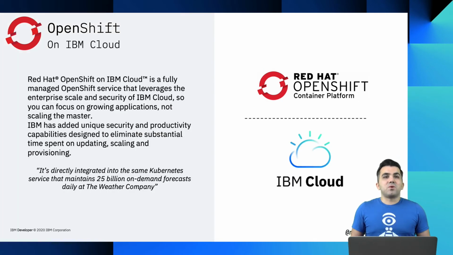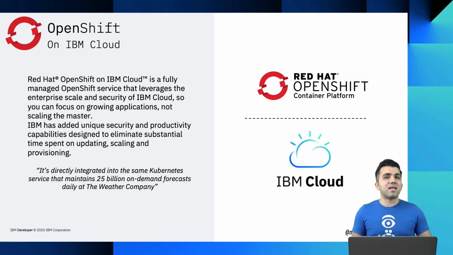So in this lab, we are going to use managed OpenShift on IBM Cloud. Before continuing, let's get started by looking at OpenShift cluster on IBM Cloud and see how that basically gets provisioned. To give you an idea about OpenShift on IBM Cloud, Red Hat OpenShift on IBM Cloud provides fully managed OpenShift cluster running on a highly scalable and reliable IBM Cloud platform.